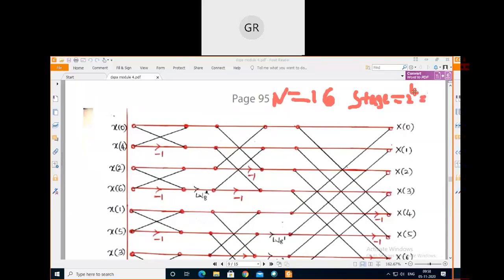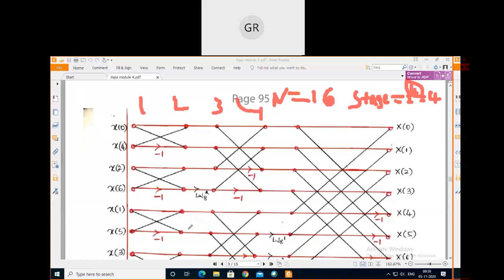What is the power here? 4, right? That power is the number of stages: first, second, third, and fourth.